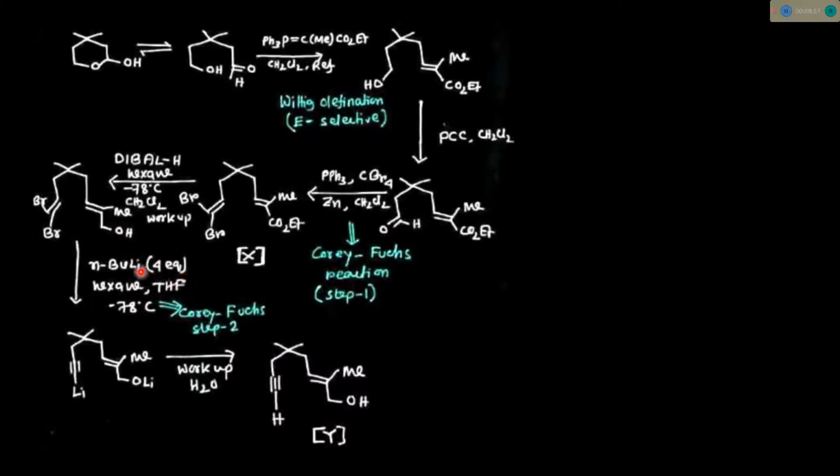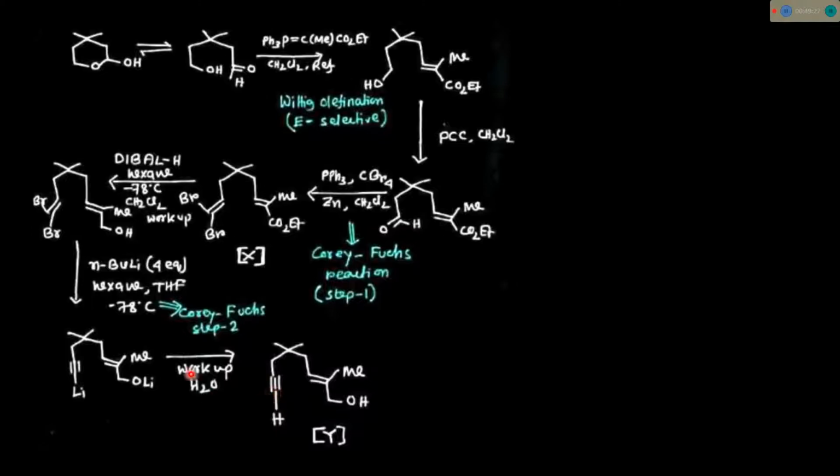After that, the second step of Corey-Fuchs occurs in this last step. If we use excess butyl lithium, then by either mechanism, as we saw there are two mechanisms, the alkynyl lithium is formed, and after workup the alkyne is formed.